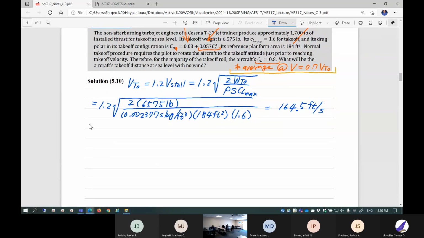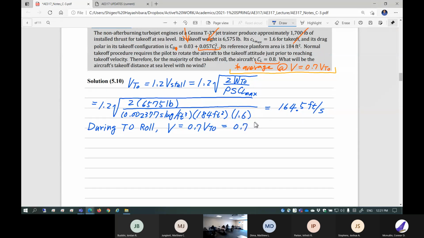Now, important thing is during takeoff roll, let's find out velocity is equal to 0.7 VTO. This is going to represent the average value of lift and drag and rolling resistance, any other things within the bracket.